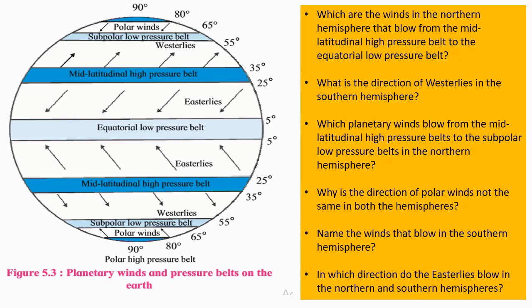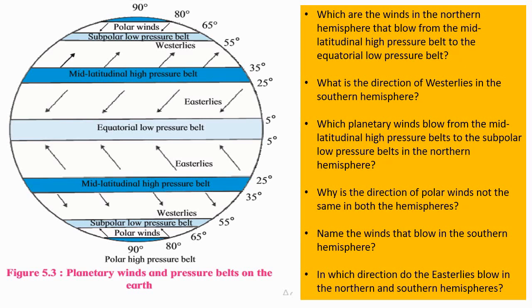So, as you can see in the figure, the arrows represent the direction of winds. Between mid-latitudinal high pressure belt and equatorial low pressure belt, the winds are blowing from east to west. And the winds that blow from east to west are known as easterlies. So, easterlies blow from mid-latitudinal high pressure belt to equatorial low pressure belt in the northern hemisphere.